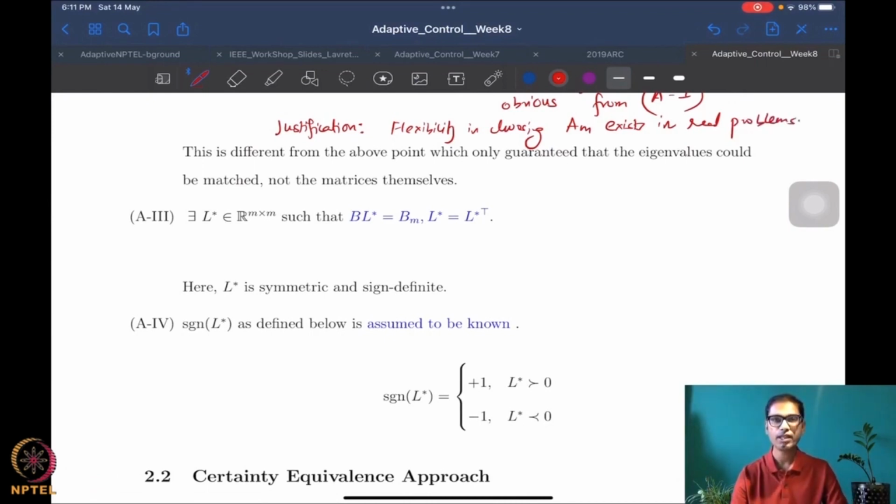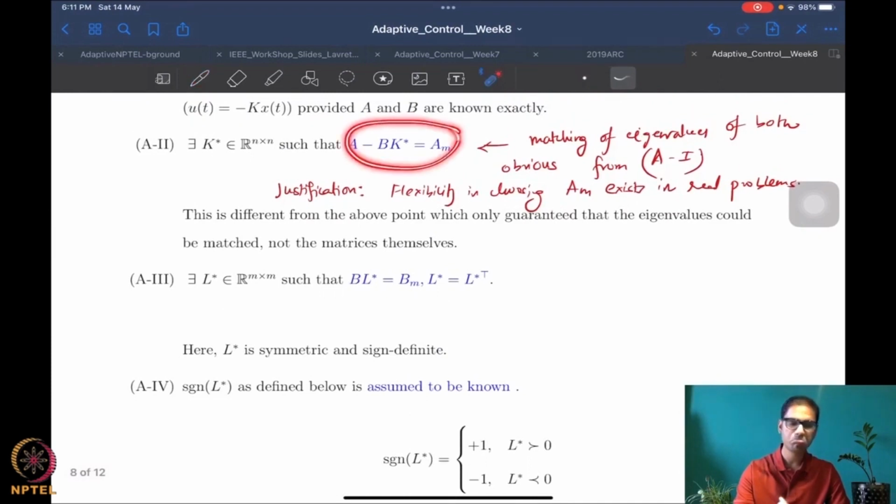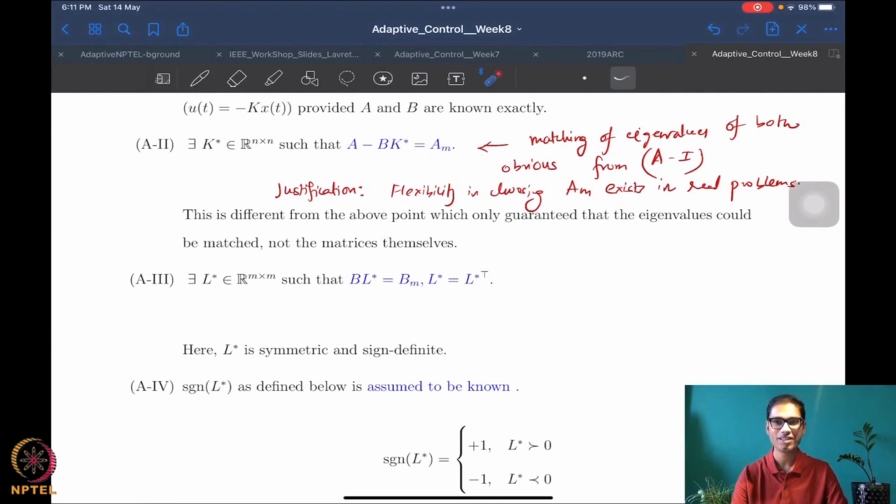More often than not, there is flexibility in choosing the same, and that is why such a condition may be digested. All right, may be digested is what I would say. Otherwise it's not. Okay, all right.